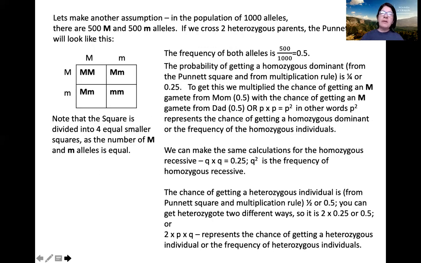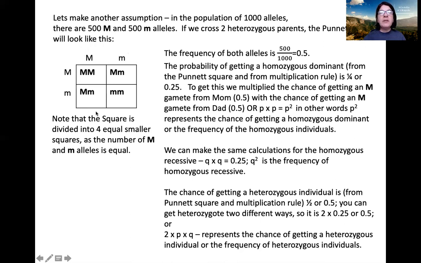Let's make another assumption. In the population of 1,000 alleles, we have 500 dominant and 500 recessive alleles. If we were to cross two heterozygous parents, the Punnett square would look something like this. One parent gives you two different gametes, and the other parent gives you two different gametes.